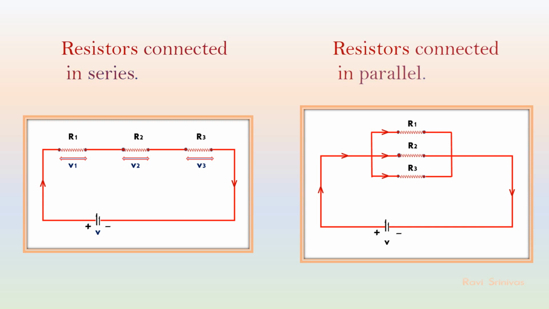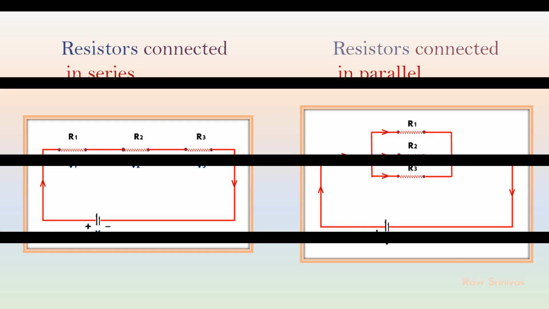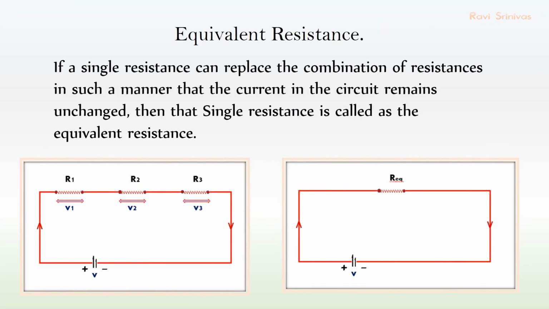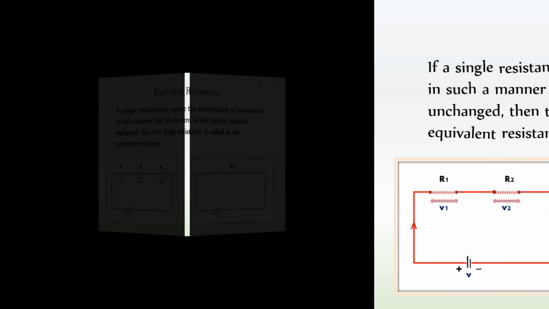In parallel combination, we find all the resistors connected across each other, having same common points at the two ends for all resistors. We can see the diagrams having a combination of three resistors in the first case and a single resistor in the next case.